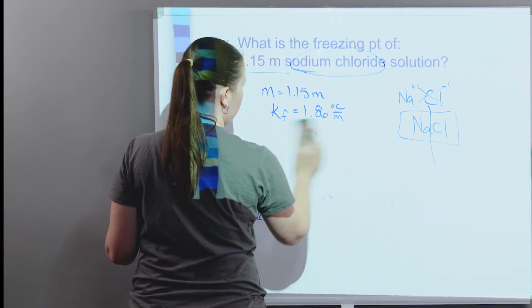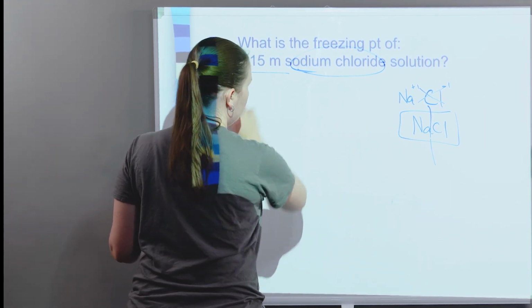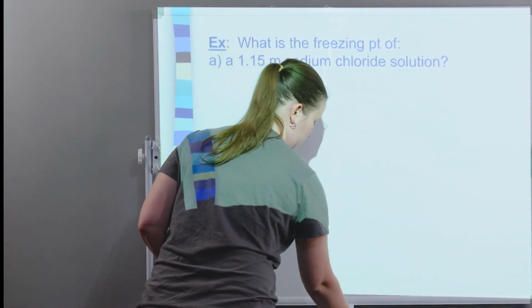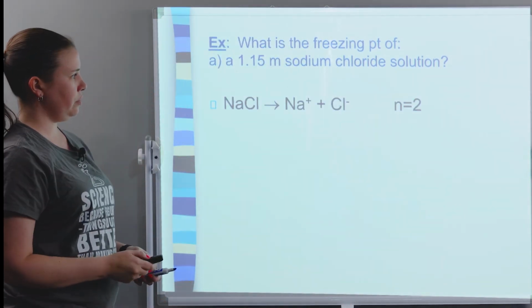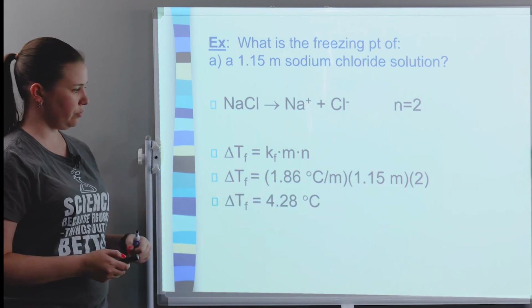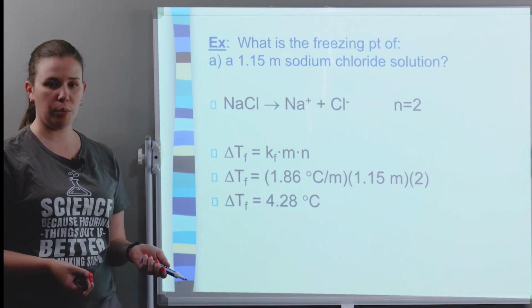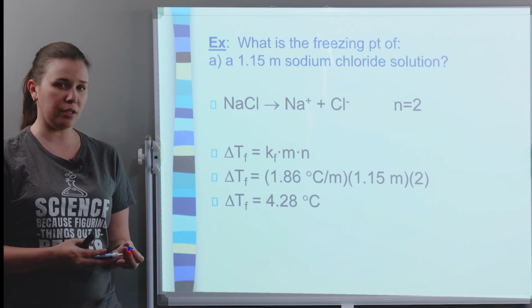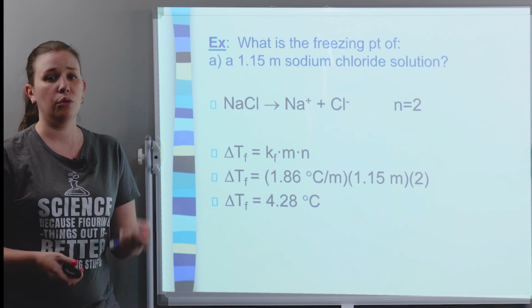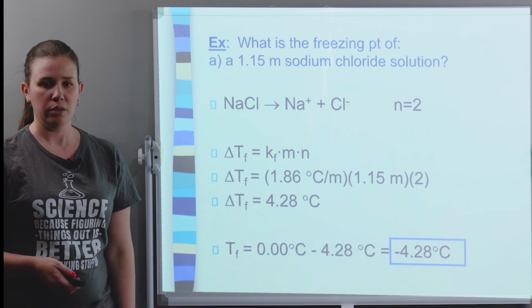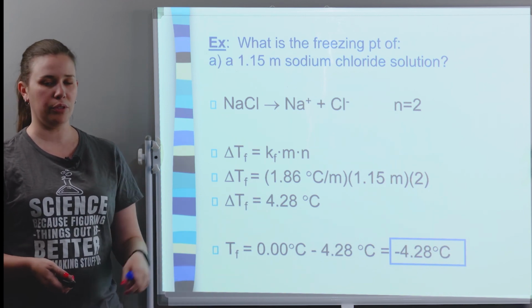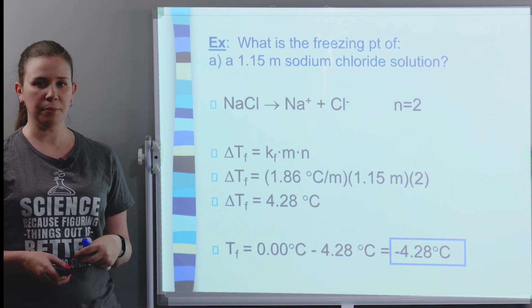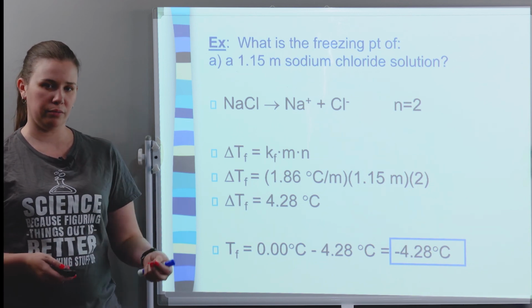Let's punch that in the calculator, see what we get. All right, so we got our 2 particles, we've plugged in the formula. We should get a delta T of 4.28 degrees Celsius. So does that mean that the solution is freezing at 4 degrees Celsius? No, remember we're going down from 0. So it would actually freeze at negative 4.28 degrees Celsius. If we were using this formula to find delta TB, we would then go up from 100.